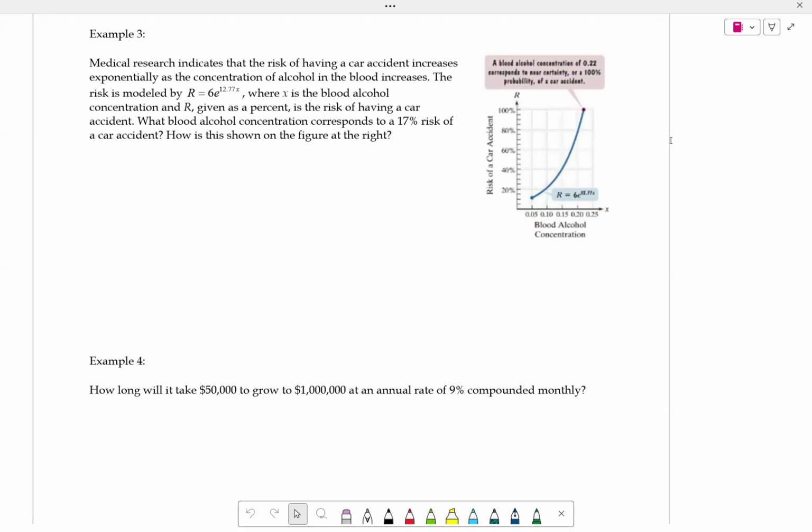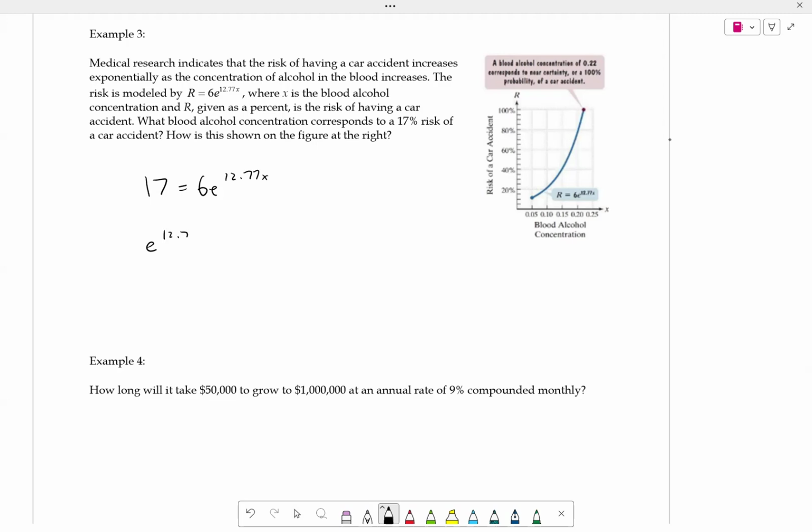So it says R, which is 6. And then I divided by 6. Nice.